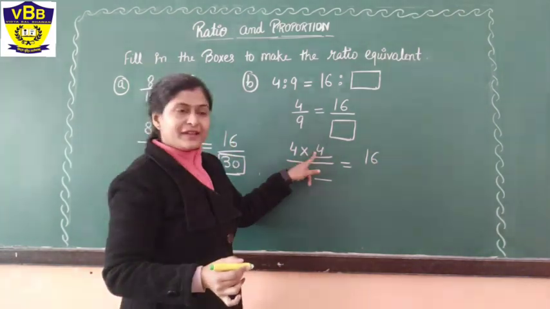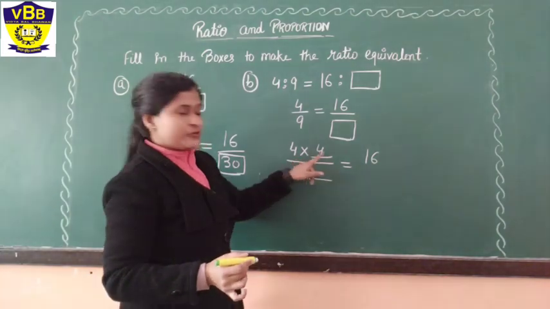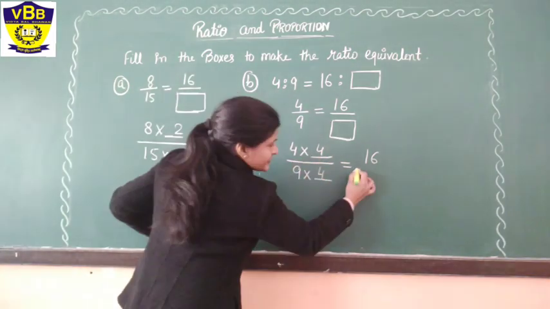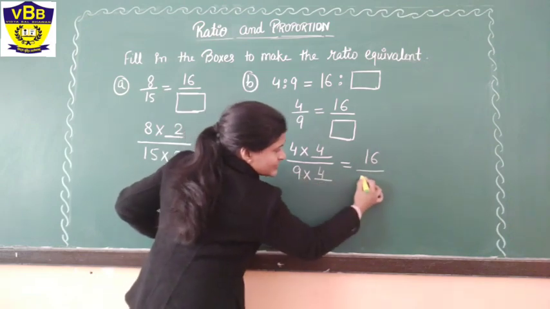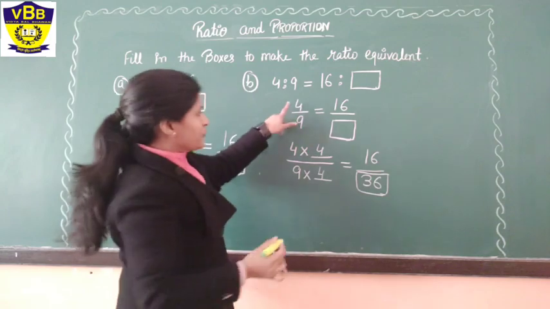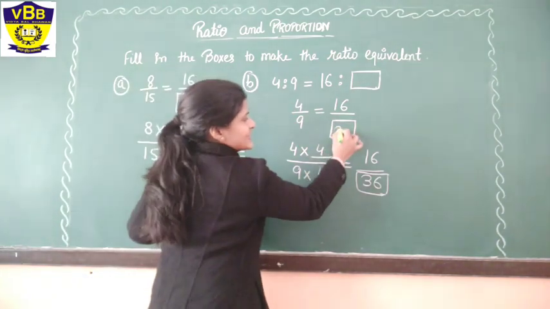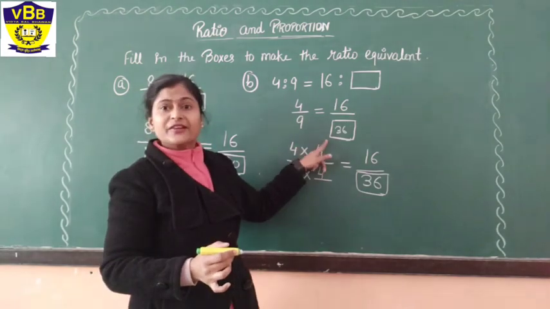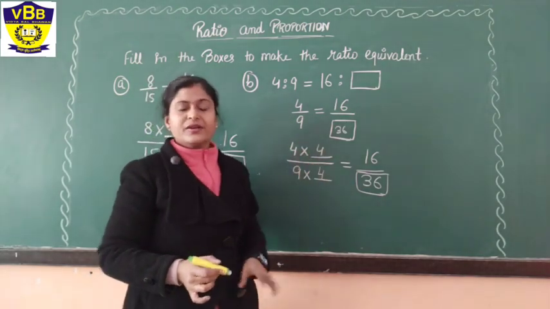If we multiply 4 by 4, we get 16. Do the same in the denominator. 9 fours are 36. So 4 by 9 and 16 by 36 both are equivalent, or they are in proportion. Okay beta?